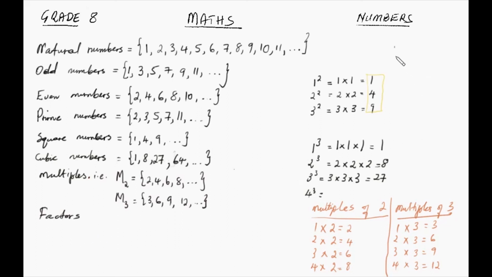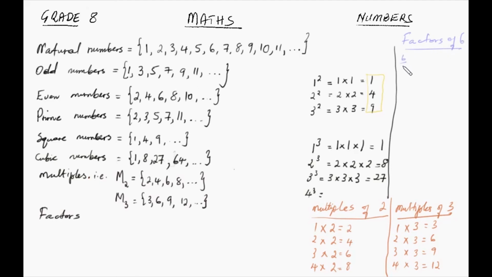What would we do? Factors of 6, we just look at the numbers which, when dividing 6, you get a remainder of 0.